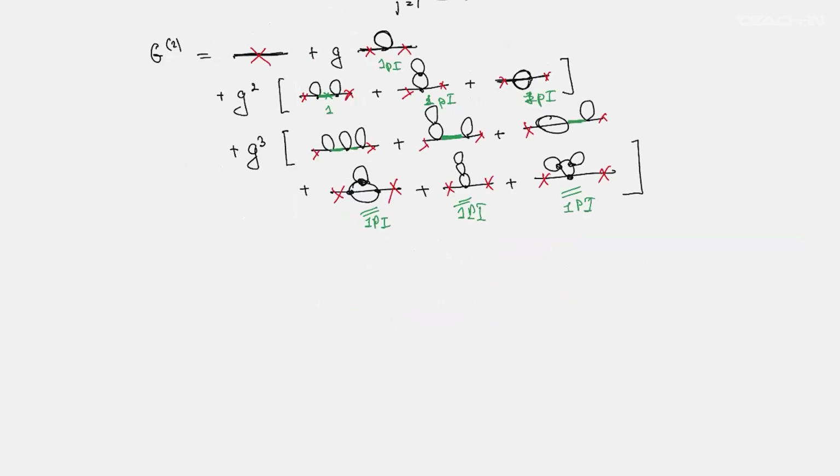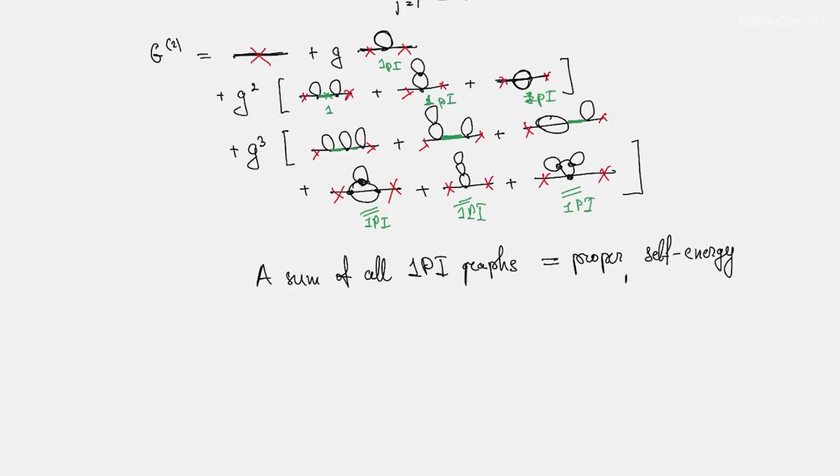I call the sum of all one particle irreducible graphs proper self-energy, and I denote it by the letter 1 over i, where i is the imaginary unit, sigma, depending on momentum P.